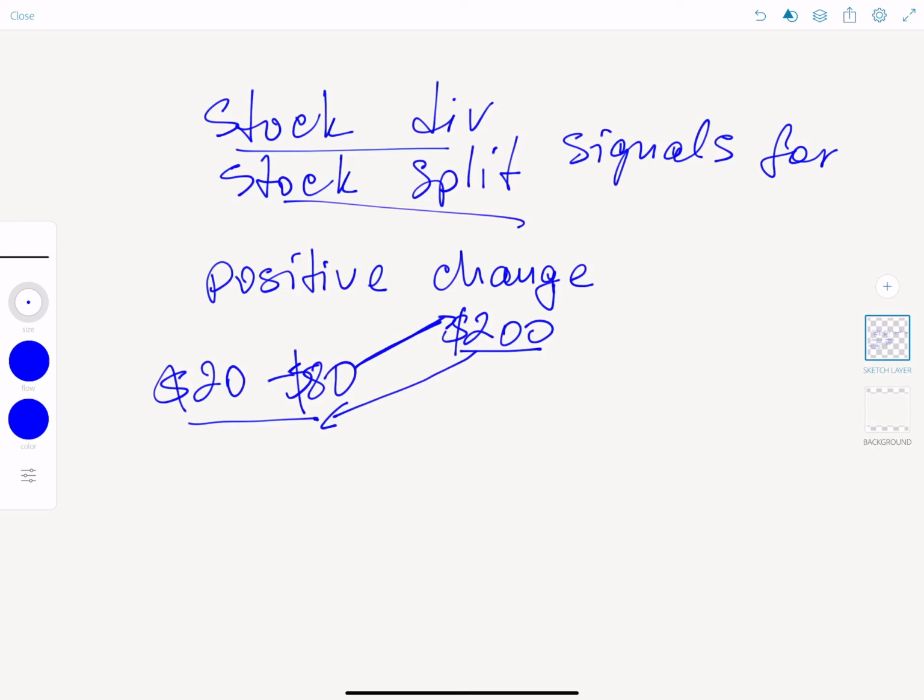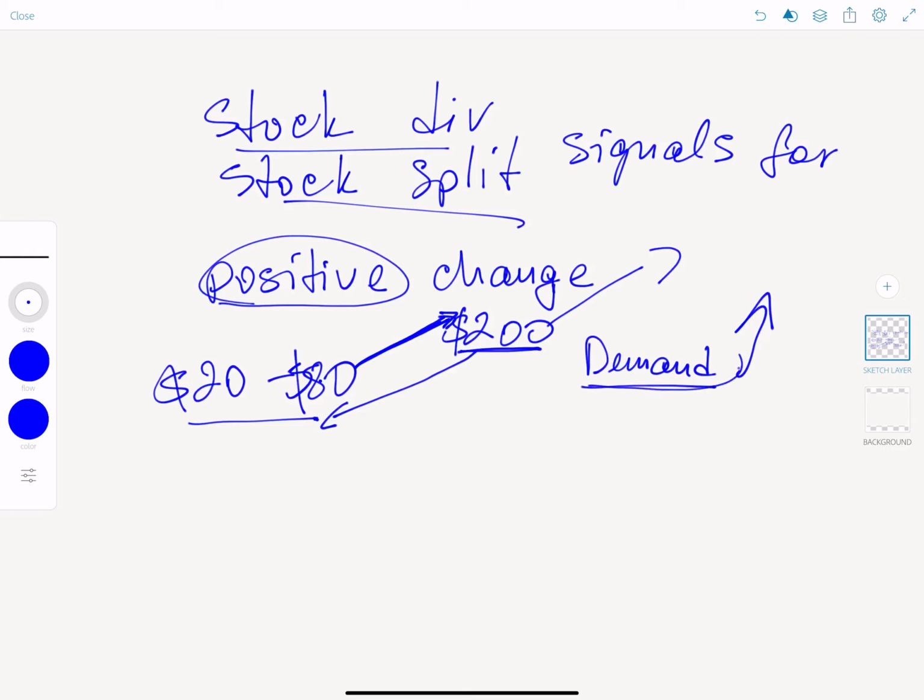But what does it mean when the price increases from 80 to 200? It means demand for the stock will rise, because the company is changing positively, has good future perspective, and everyone wants to buy it because in the future it will be worth more.